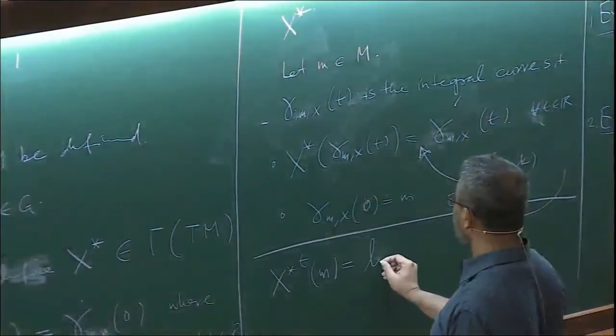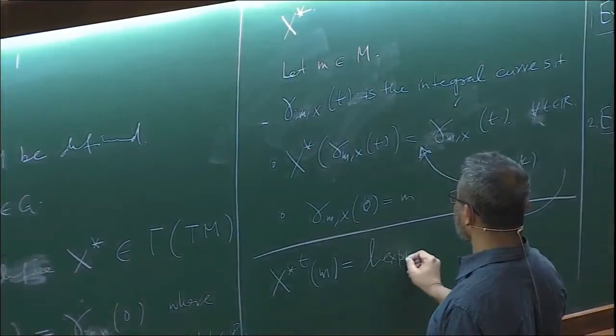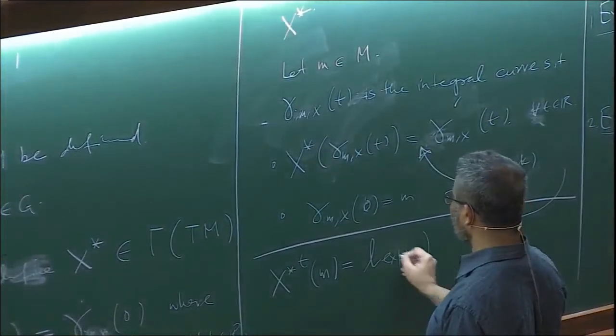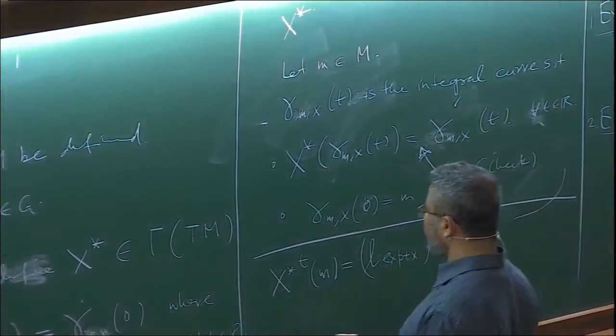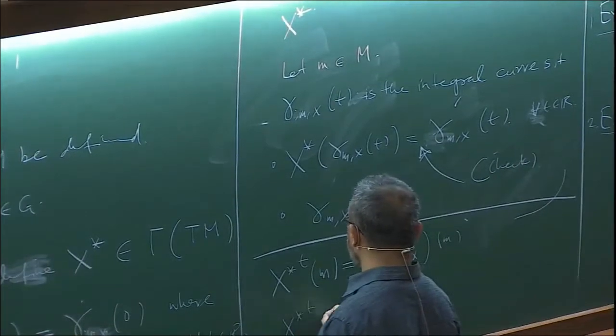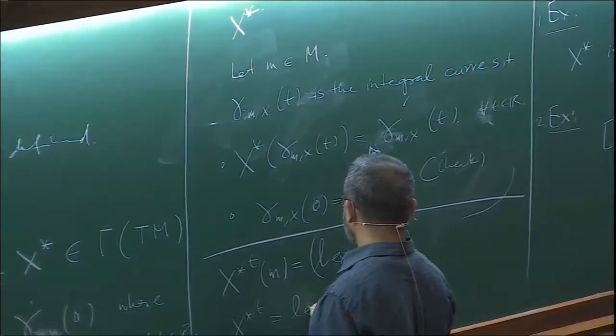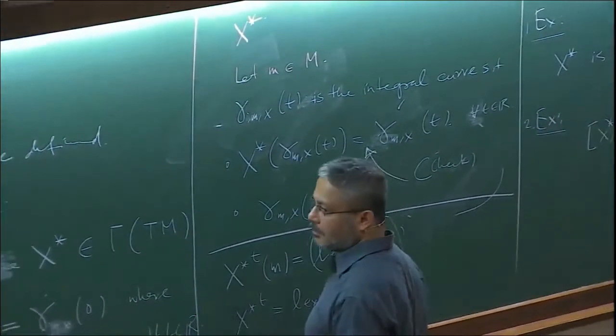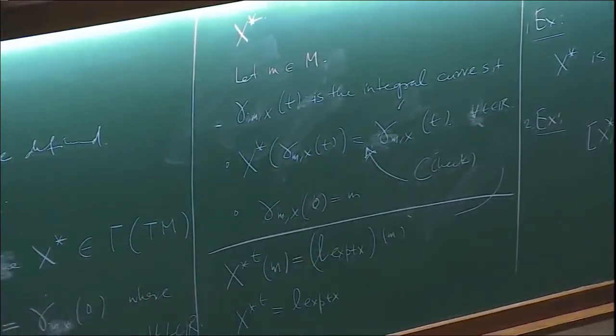So this is simply left translation by exp(tX). At time 0 I have the identity, at time t I am just multiplying every point by exp(tX). So these are basic things.